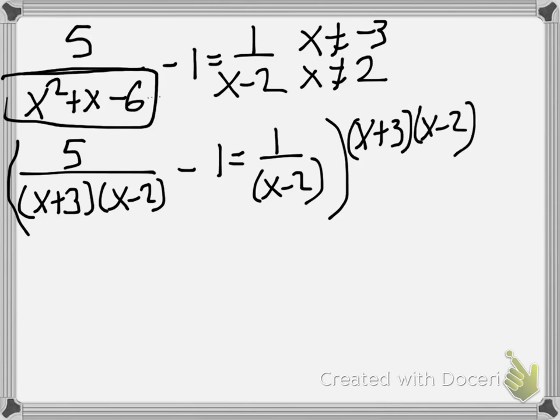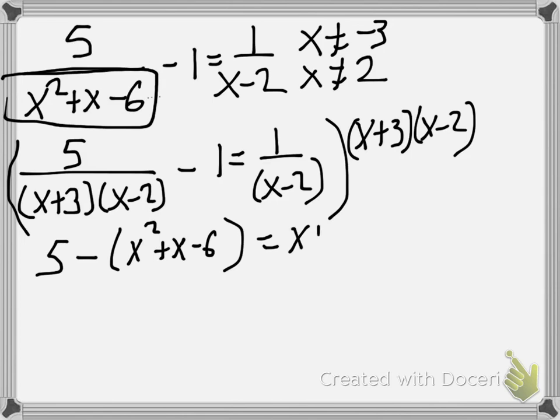All right, by doing that, that leaves me with just 5 from the first term minus, okay, we know what x plus 3 and x minus 2 is. We just figured that out, and that's multiplied by 1. So we're going to have minus x squared plus x minus 6 equals, now the x minus 2's cancel out, and I have 1 times x plus 3, which is x plus 3.